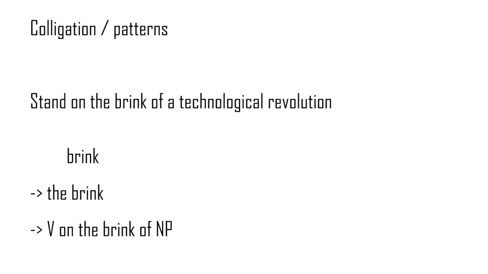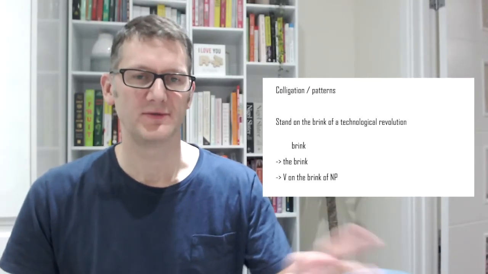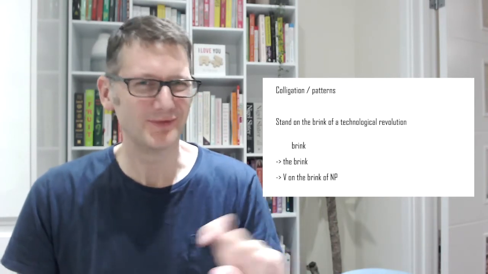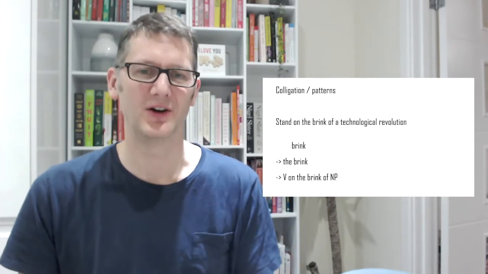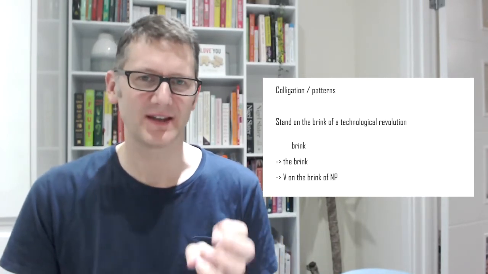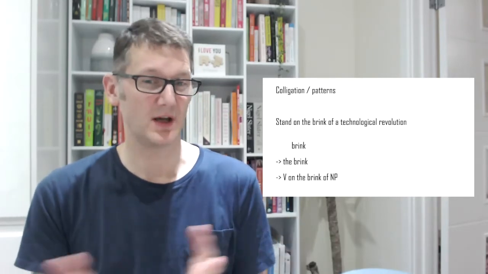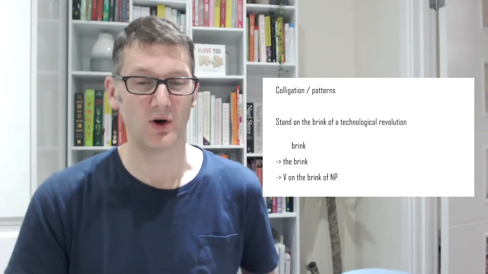So it's like, perhaps in your first language, if your first language isn't English, perhaps you don't have a word really like the or a, or you don't make the same distinction between the and a as we have in English. If that's the case, it can be really difficult to get that right. But you could just say, okay, whenever I meet the word brink, I always see it as the brink and not a brink.